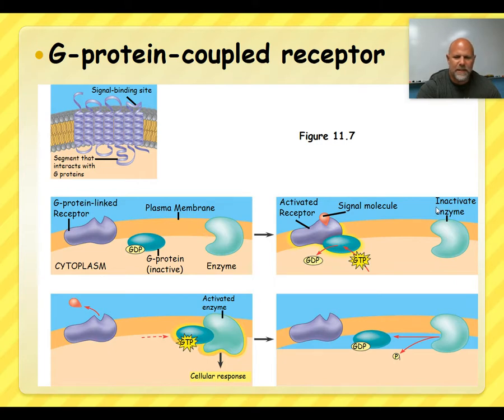When it does, it activates that enzyme. That enzyme often activates cyclic AMP or some other signaling molecule, and a cellular response is going to happen in response to that being activated. This is exactly what's going on with our epinephrine that I showed you earlier.